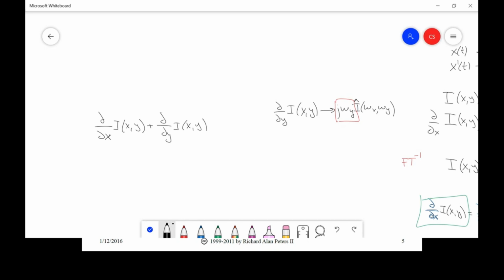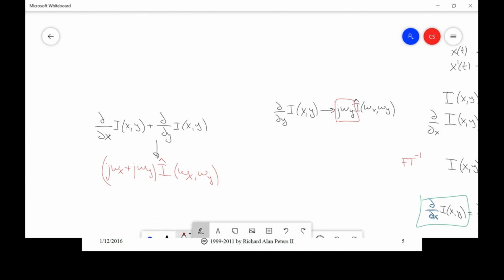So I can add these two, and then the Fourier transform of this will be j omega x plus j omega y, times the Fourier transform of I. You see, I can add both because they are linear systems.